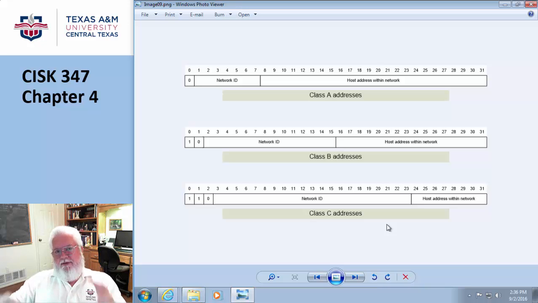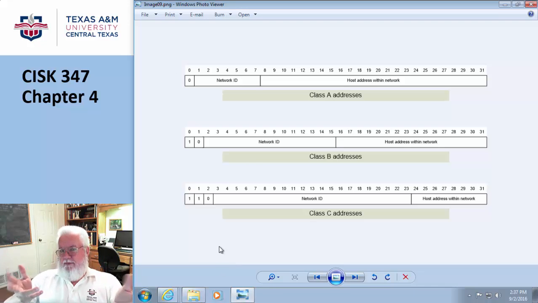Now, the reason why the math is not perfect is Class A's have a particular bit pattern. They all start with a 0. Class B's all start with a 1 and a 0, and Class C's all start with a 1, 1, and a 0. That's why they're not exactly 8 here and 16 here and exactly 24 there. Okay.